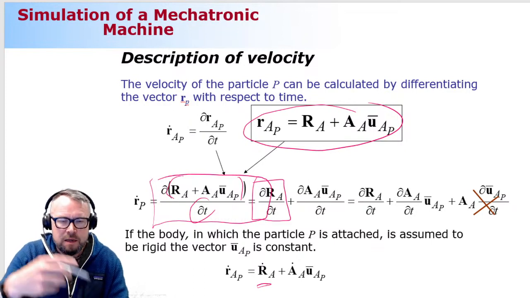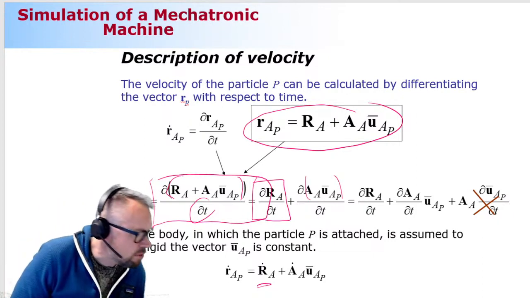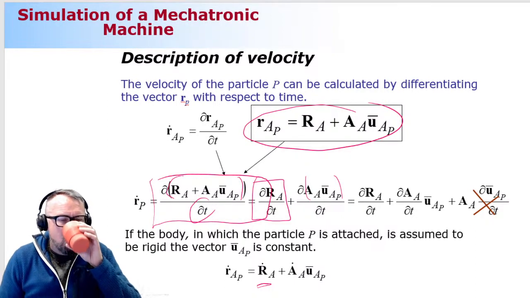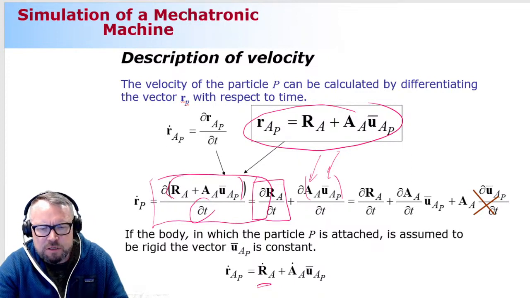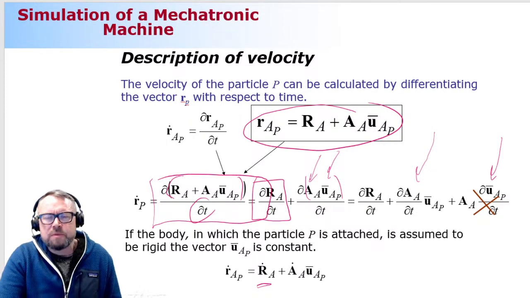Then the component that is left is this one here: the rotation matrix multiplied by the vector u bar, differentiated with respect to time. This consists of two components, so you differentiate first with respect to the rotation matrix and then with respect to the vector u bar.